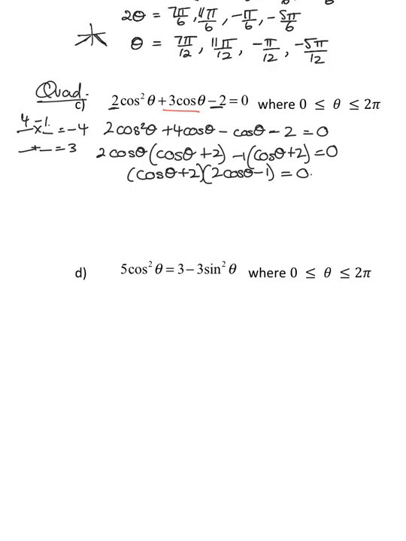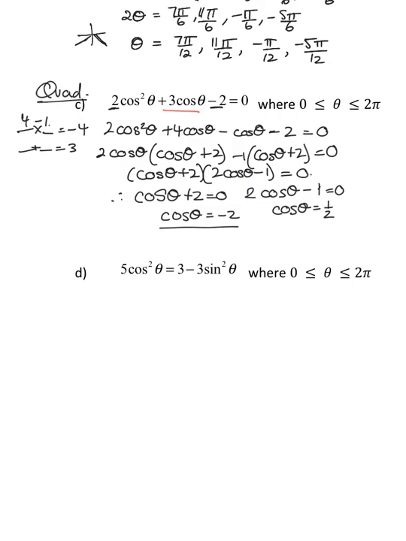Two things multiply to give me 0. So therefore cos theta plus 2 equals 0, or 2 cos theta minus 1 equals 0. So cos theta equals minus 2, or cos theta equals a half. This first answer is not valid.